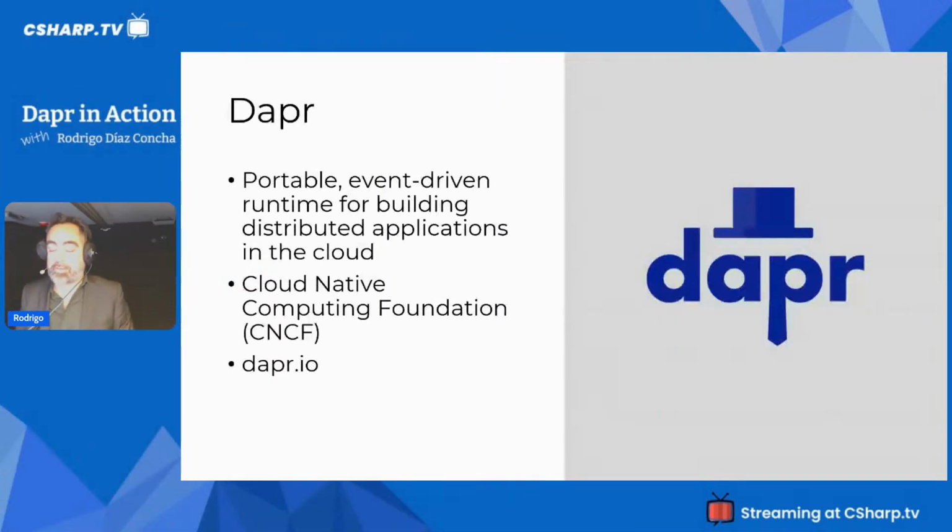Dapr is a fantastic technology for creating distributed applications such as microservices. And in the Dapr.io website, you can find everything related to this fantastic technology. It's part of the Cloud Native Computing Foundation. It was originally created by Microsoft, but nowadays it's part of this CNCF.